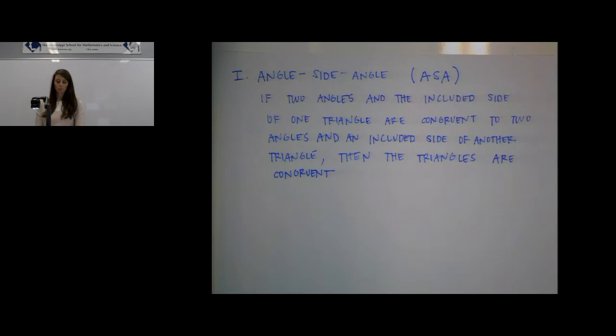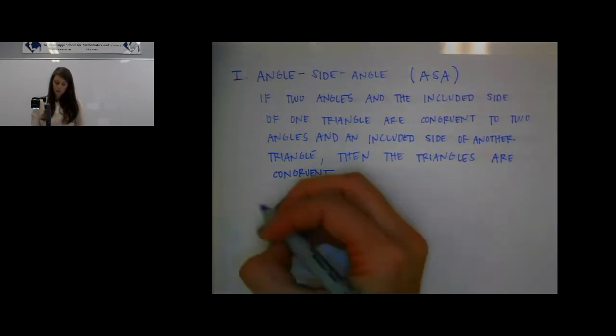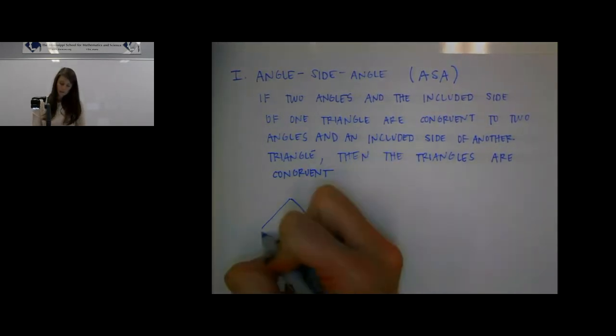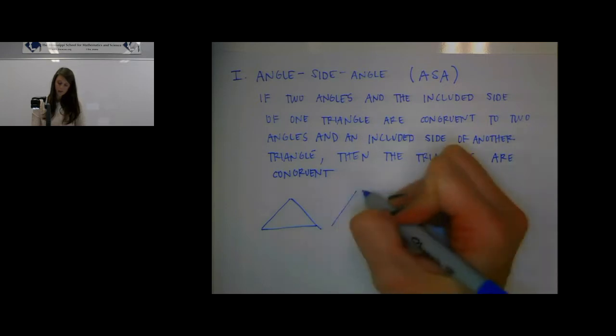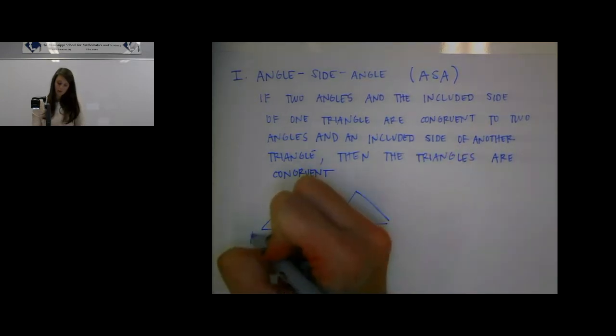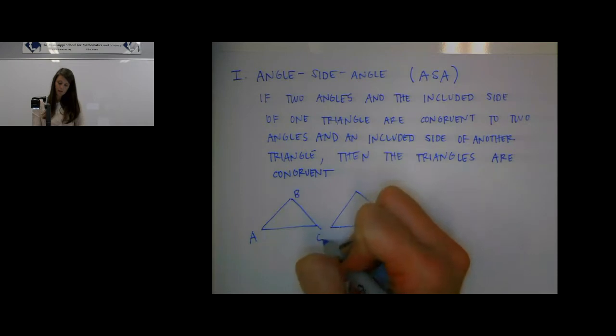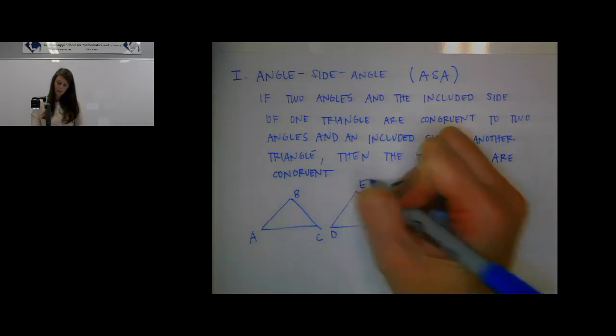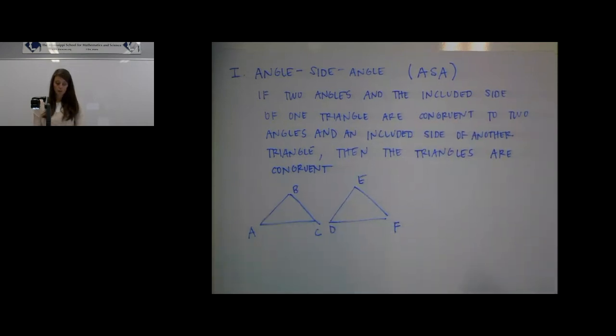Angle, side, angle. Okay, so what I mean by that is I have two triangles here. Try to draw them good. So I've got A, B, C, D, E, and F. So I have my two triangles.